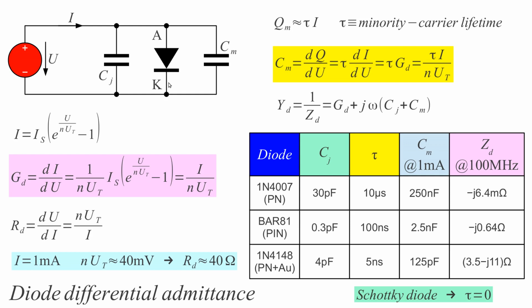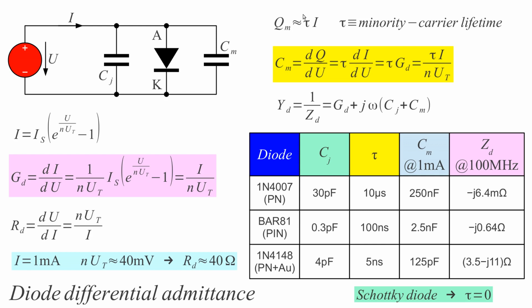The opposite is at the cathode. Here, holes coming from the anode become minority carriers. They form here a convection current of holes, and this current will only transform into conductive currents of electrons in the n-doped cathode after some time. And this time is the recombination time, in other words, the minority carrier lifetime.